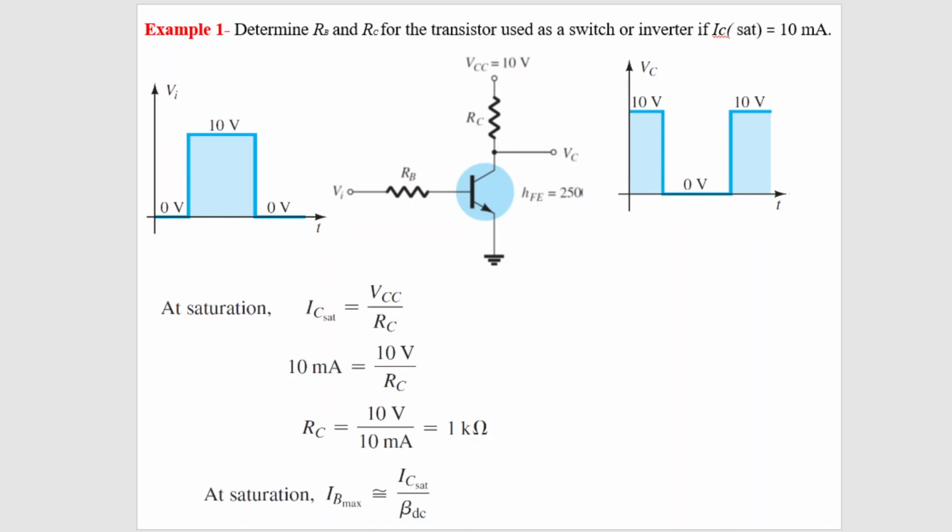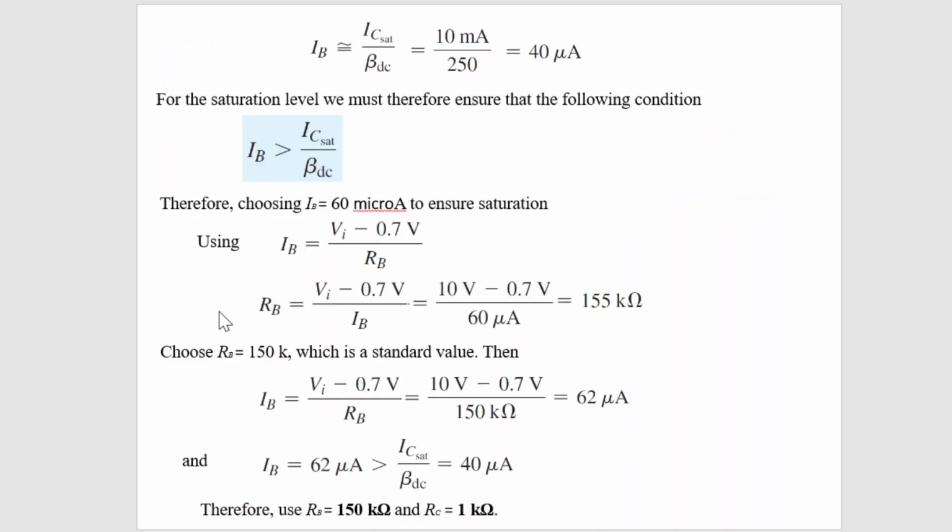Somebody may be confused about why we have not chosen RB equal to 155 kilo ohm. One can keep this value also, but we have to choose the value of base resistance as minimum as possible to keep the transistor in saturation. If you compare the currents, 60 microampere and 62 microampere, both are greater than 40 microampere, so in both situations the transistor goes into the saturation region.